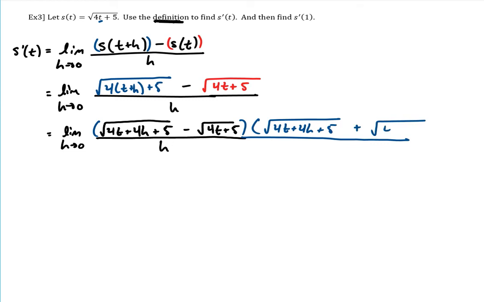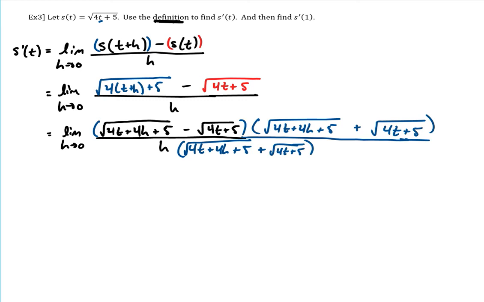So plus, and then still 4t plus 5 under the square root. Okay, so I copied the first and second term exactly the same, and then I just made sure to change the middle sign. And then whatever I do to the top of a fraction, I need to do to the bottom. So we'll multiply it by the same thing down below, like that.